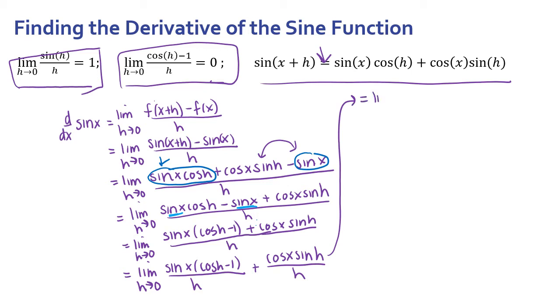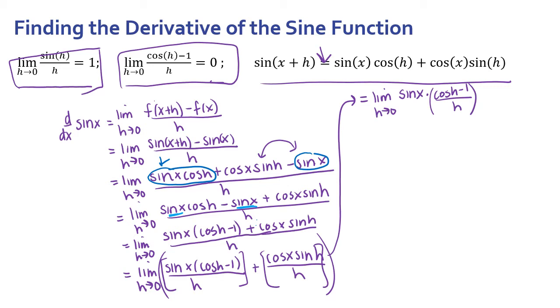I can rewrite these as follows. We're taking the limit of this whole thing, so the first part is the same thing as the sine of x times the limit of the cosine of h minus 1 all over h.